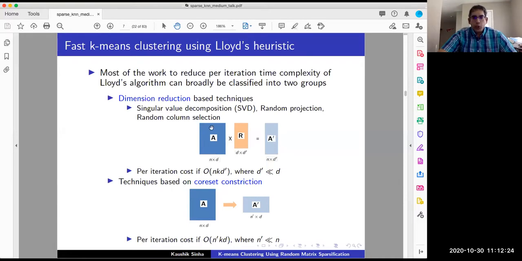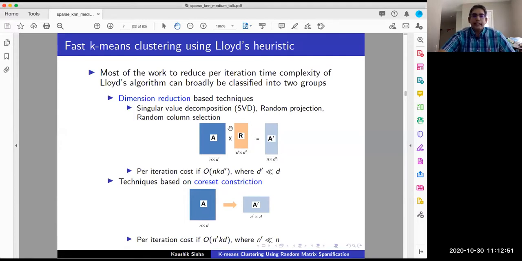That means each row corresponds to a data point with d different attributes. And the idea is that we multiply that by an appropriate projection matrix, let's call it R, which can be d times d prime, so that the resulting matrix, let's call it A prime, is n times d prime. So now it has the same number of rows, but the number of columns is d prime. And typically d prime is much, much smaller than d.